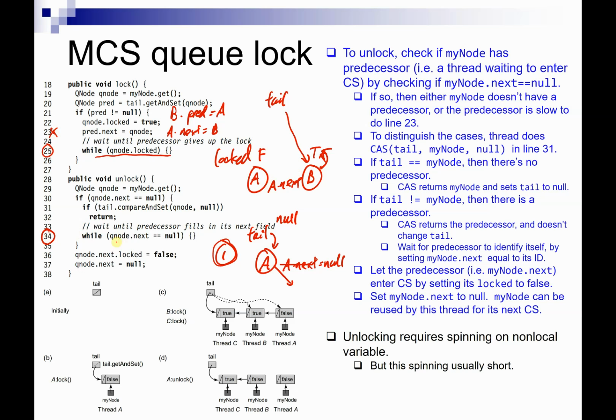So then A needs to wait over here until predecessor q node.next equals null. This is also a local wait, so that's not a problem, because here I'm also waiting on A.next. So this algorithm would work well in all cases.